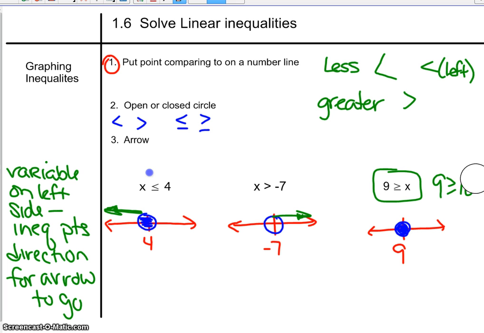That's another reason why I always tell people to put your variable on the left side. My inequality always has to point the same direction. So if it's pointing at the x in the original, it has to point at the x in my new one. So it's actually saying x is less than or equal to 9. So we've got to be careful. That's the other reason why I want to put my variables on the left side, so that it makes sense when I read it.